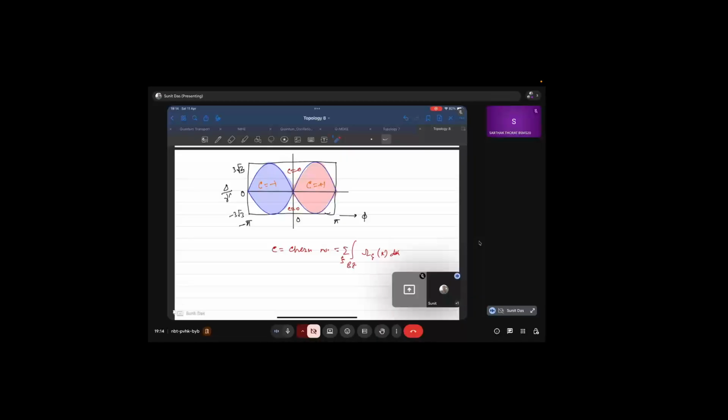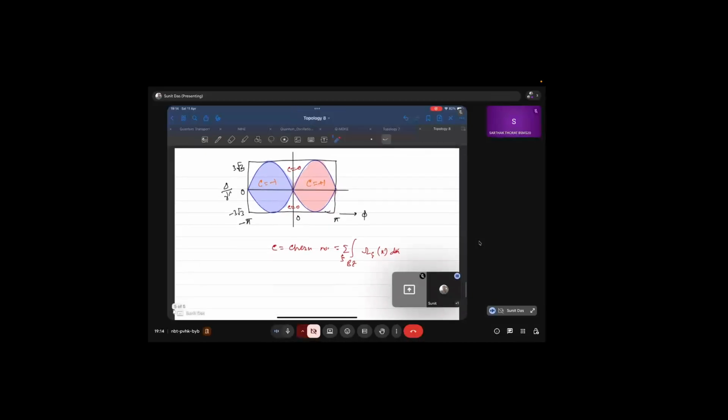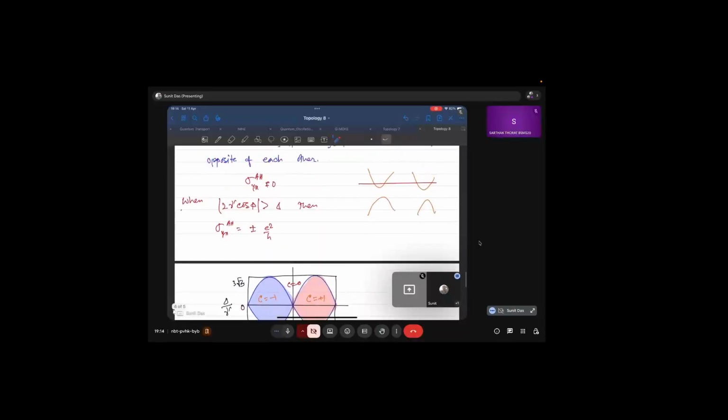And this was actually predicted. So this is the case of the quantum anomalous Hall effect, and this is finite even if your system is in the gap regime.